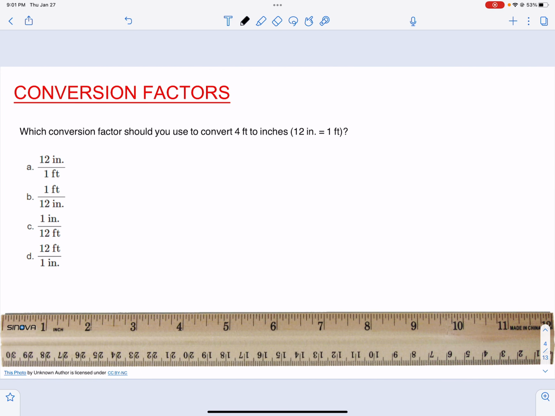So for example, this question you should be able to answer right away. Which conversion factor should you use to convert 4 feet to inches? So this is the equality. We have this equality, which can be written as 12 inches equals 1 foot, right?